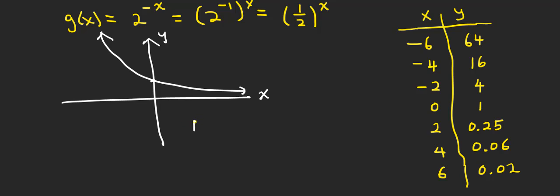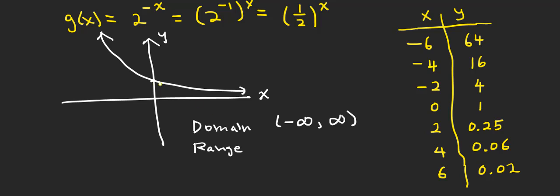So the domain of this function is, again, negative infinity to infinity. It covers all the x values, meaning that for any x value, you have a y value. What about the range?